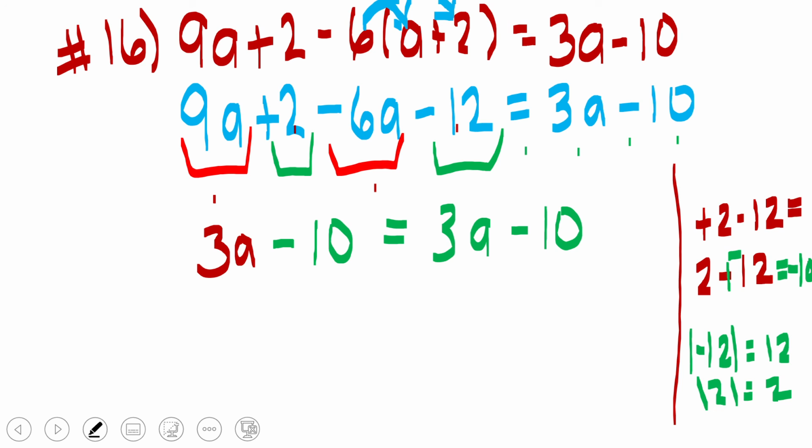So what this means is that a could equal anything in the set of all real numbers. So we have the identity property here. And we got there by simplifying everything on one side of the equal sign first, and then we noticed the pattern.